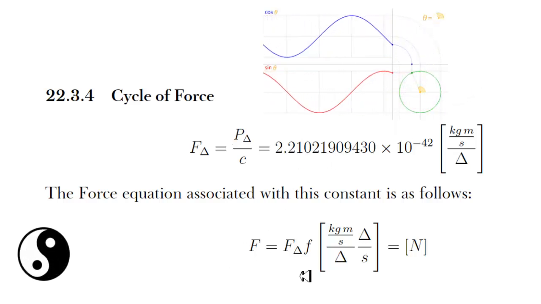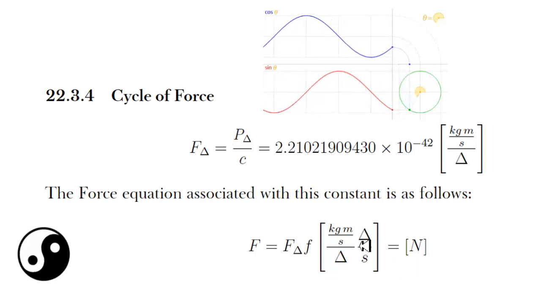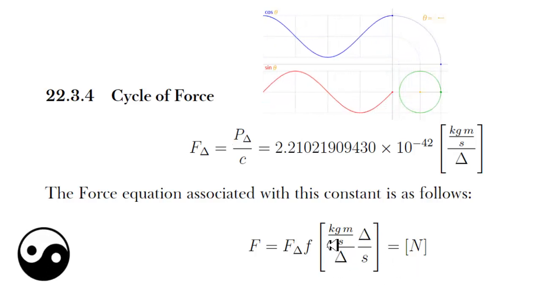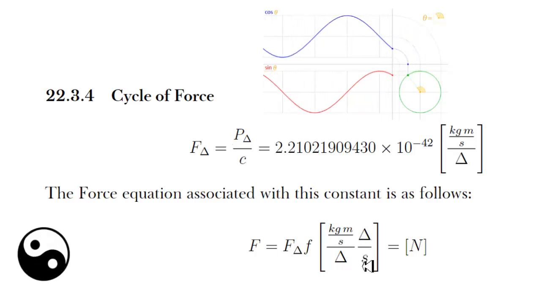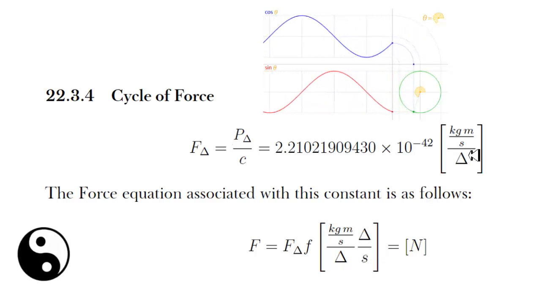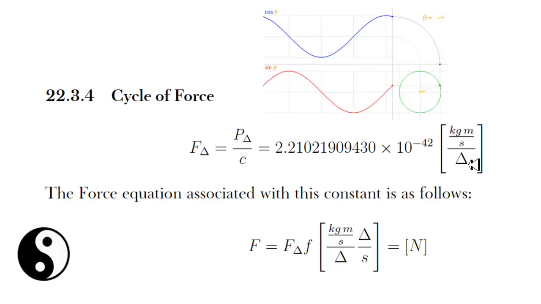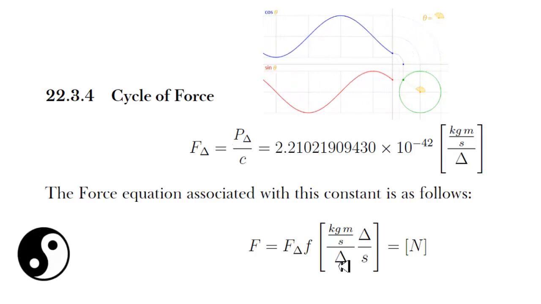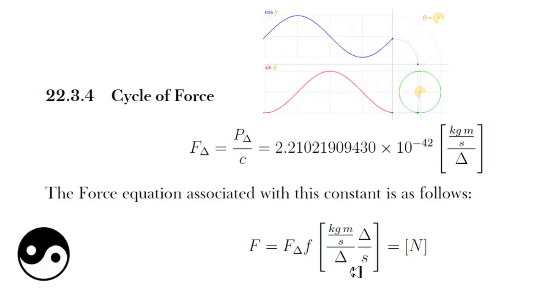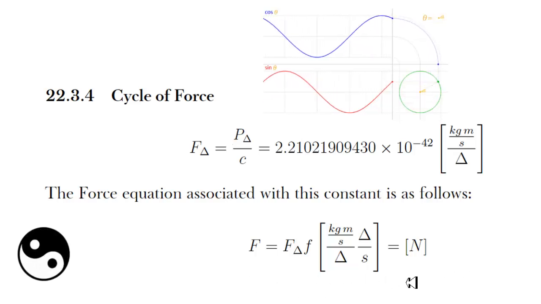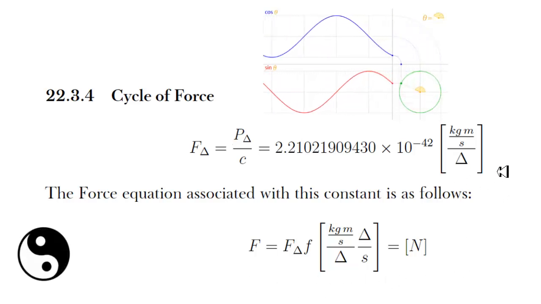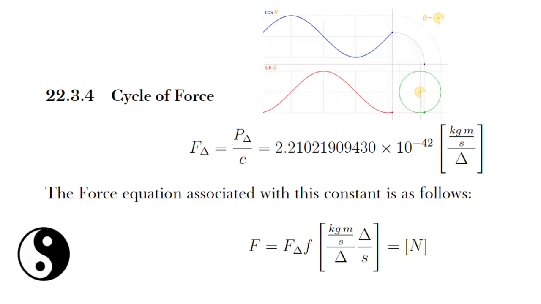And the force equation is on a per second basis. So this is momentum per second. This is momentum per cycle for the constant, and momentum per second for the force. Again, this is on a per second basis, and this is on a per cycle basis.